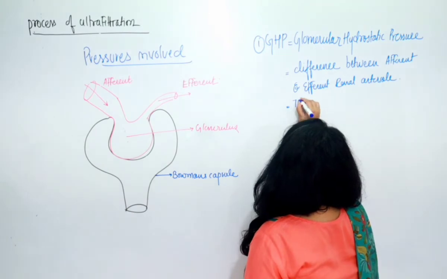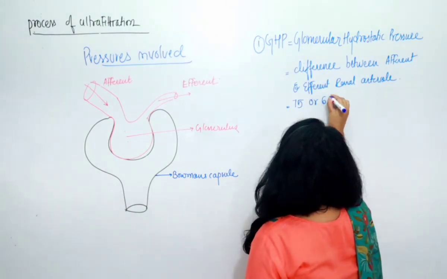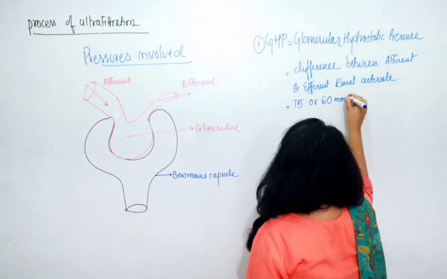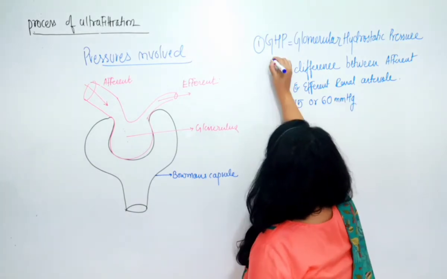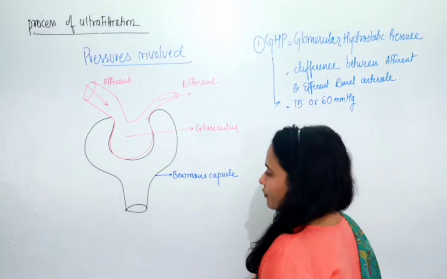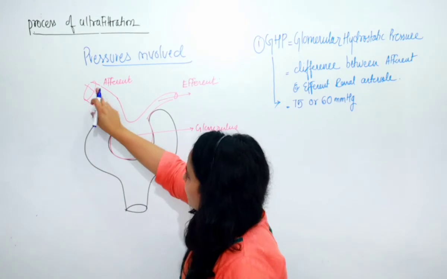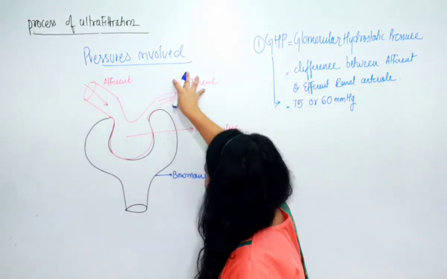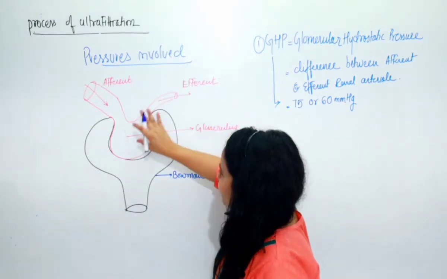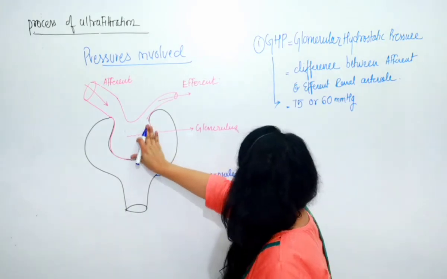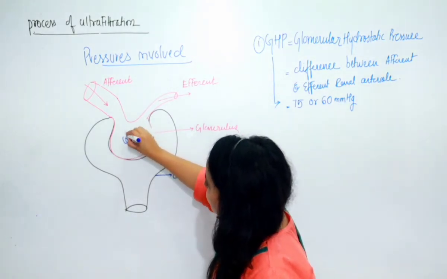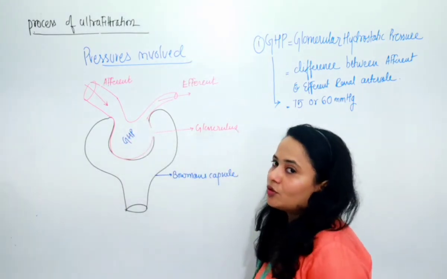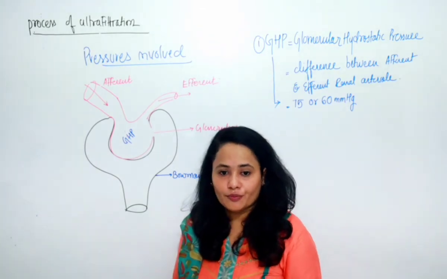So that is something around 70 or 60 mmHg. So this is the first pressure involved. So because of the difference of afferent and the efferent renal arteriole, the pressure is exerted over here, and that is what you call GHP, that is the glomerular hydrostatic pressure.